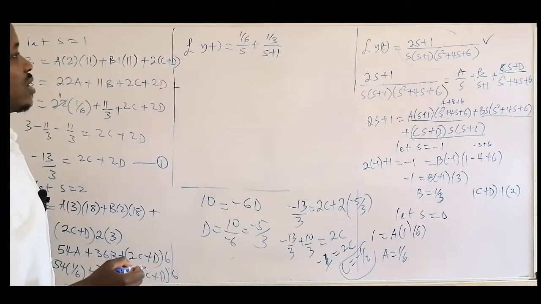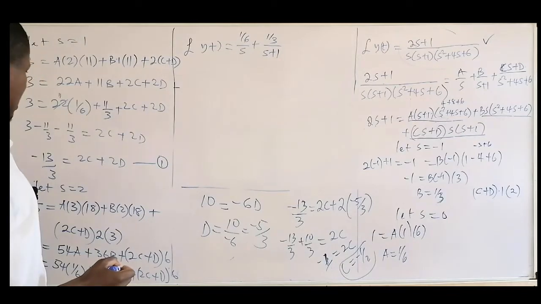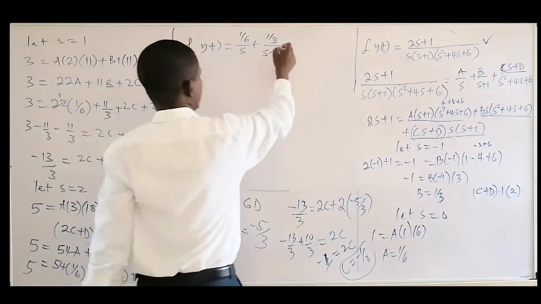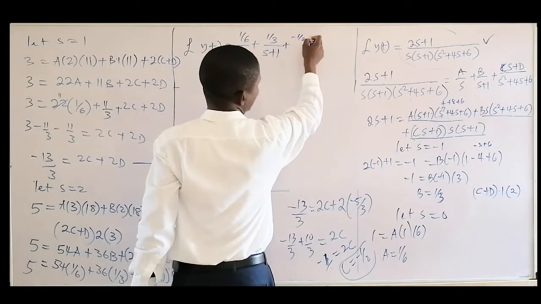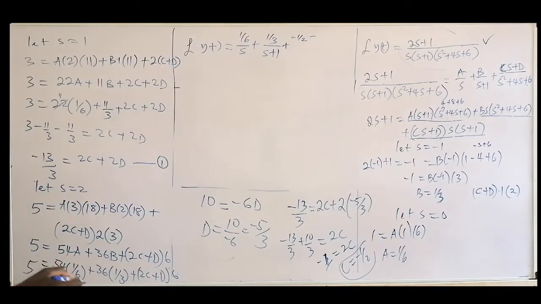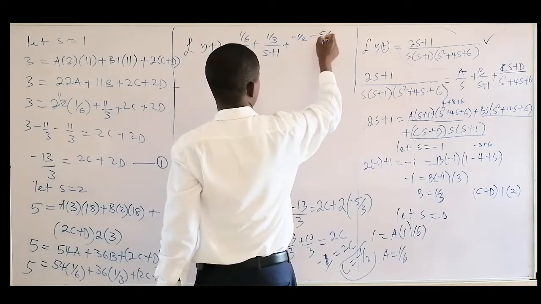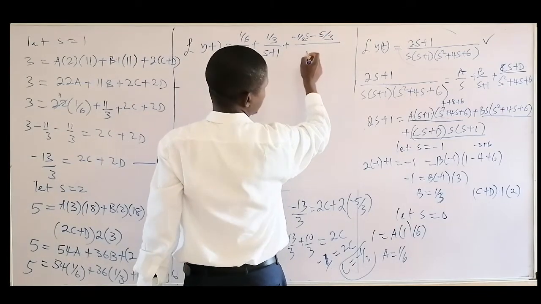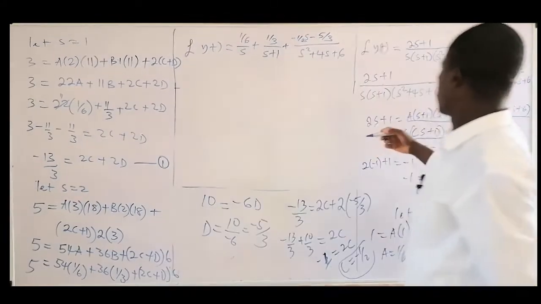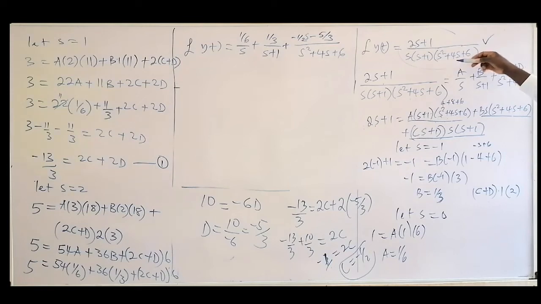Then our c is minus half, plus minus half. Our d is minus 5 over 3, all over s squared plus 4s plus 6. Okay, we're using this expression, this line.